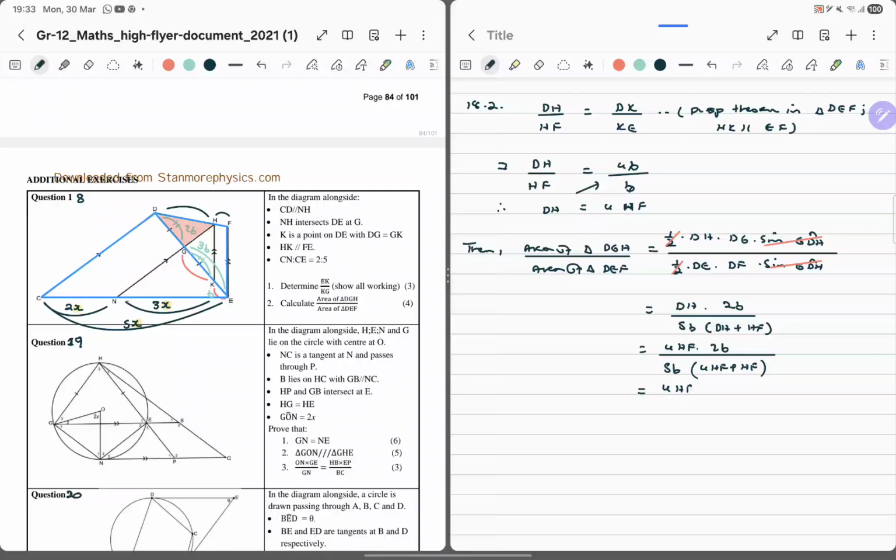So 4HF times 2B all divided by 5B into, this one becomes 5HF. Now we can do the things. HF will take HF, B will take B, and then we've got 4 times 2, that's 8 over 5 by 5 is 25. See, guys, I hope this is good.